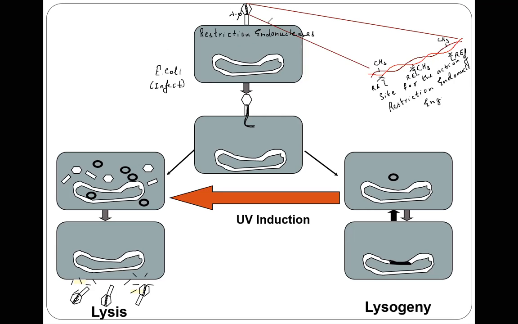It could infect it because it has catalyzed methylation at all those locations where the restriction endonuclease of the E. coli is going to act. Thus the DNA of the phage will be completely protected from degradation.